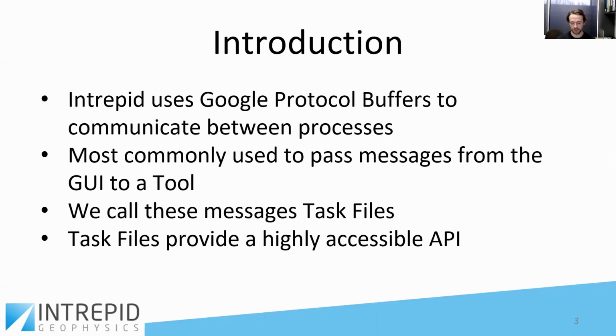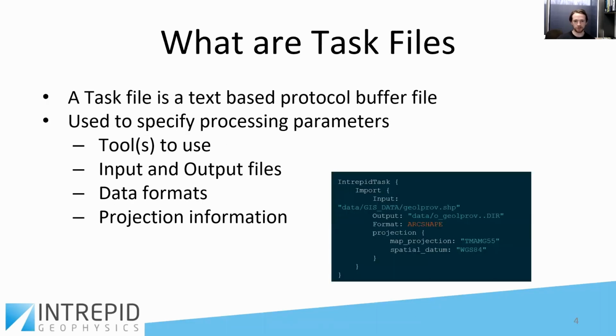It's very similar to the job file in that sense, but it's using a modern parser, so we don't have to maintain the parsing side of things. We can just focus on adding features to the task files.